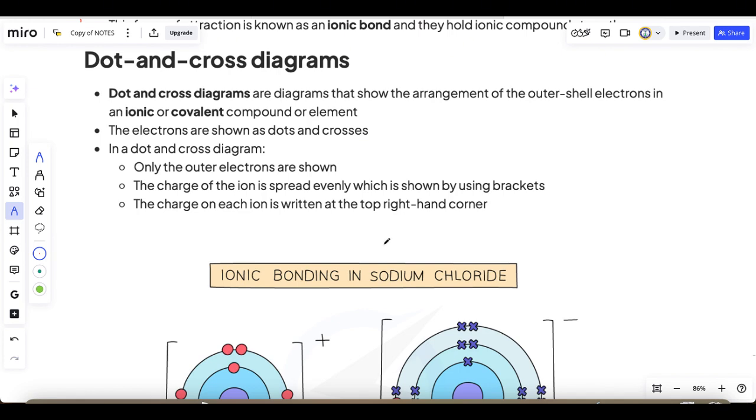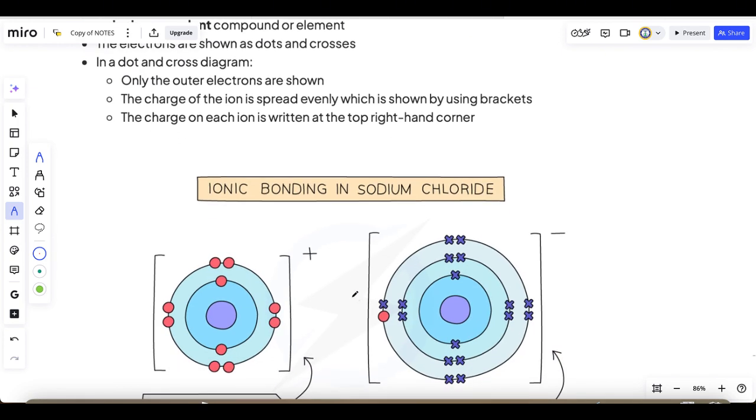If you have two atoms reacting together, you can use dots for one atom to differentiate it from the other one. If we use dots for sodium, we can use crosses for the other one, which is chlorine. Because if we use cross and cross or dot and dot, we may be confused about which one has given to which one.